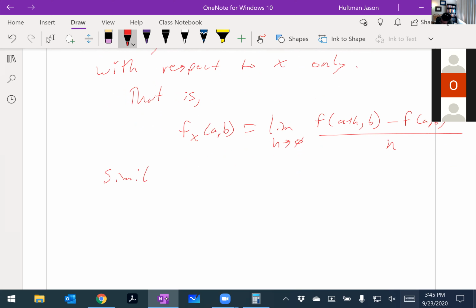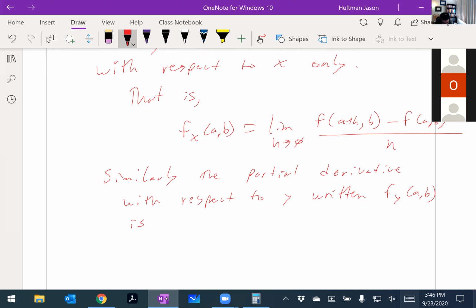Similarly, the partial derivative with respect to y, written f sub y of a, b, is equal to the limit as h goes to 0 of f of a comma b plus h.